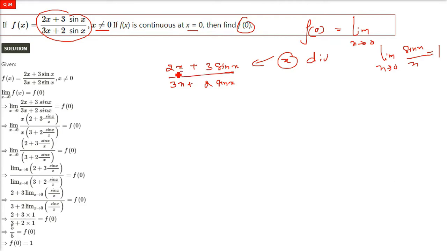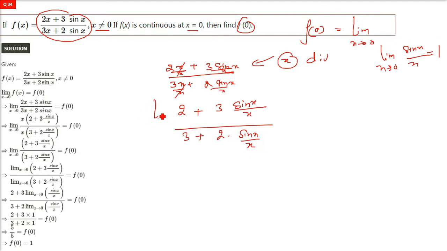So I'll show it to you here only. Let's divide by x, divide by x, divide by x. So what do we get? x gets cancelled. 2 plus 3 sin x by x here. Here we have 3 plus 2, again sin x by x. Now we can apply the limit here, limit x tends to 0.